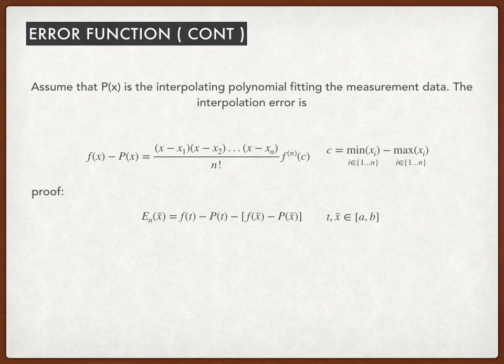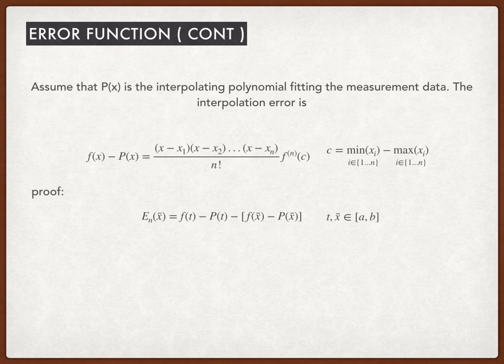Suppose our original function f of x is n plus 1 times continuously differentiable on the closed interval a and b. The interpolation data are n plus 1 distinct numbers in a and b. Pn of x be the interpolating polynomial of degree at most n that interpolates f of x in a and b. The proof is trivial if the input, x bar, is one of the interpolation data, since the value of f and p are the same.